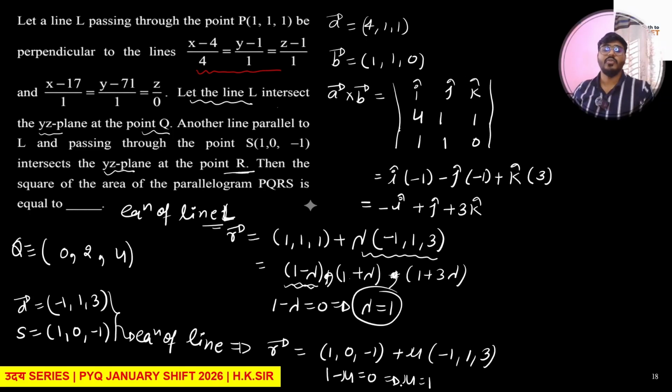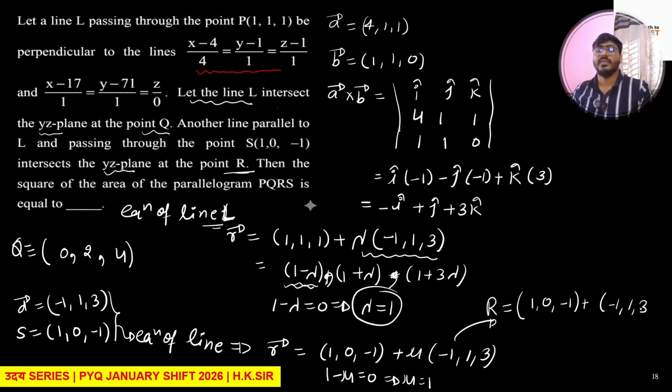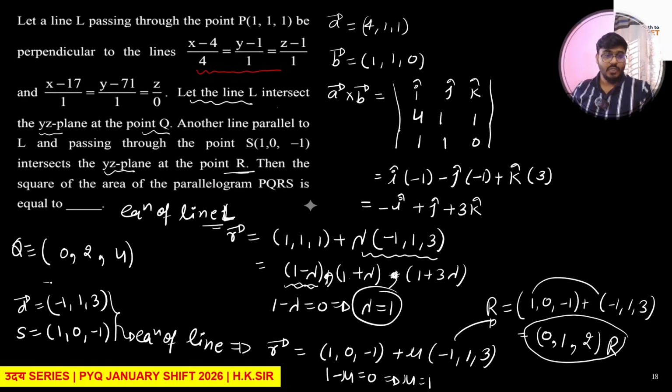If you put mu equal to 1 in this equation, you get point R: (1, 0, minus 1) plus (minus 1, 1, 3). So x coordinate 1 minus 1 is 0, y coordinate 1, and z coordinate minus 1 plus 3 is 2. So this is point R, this is point Q.